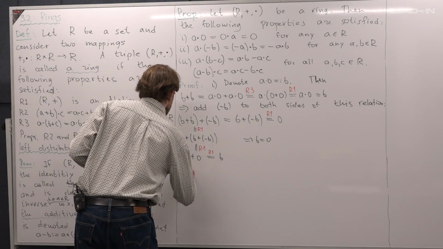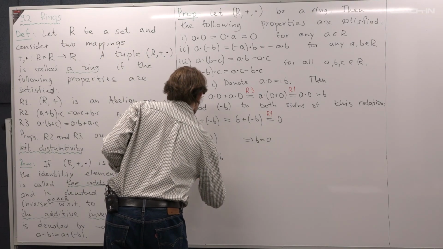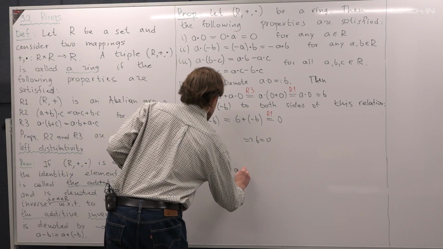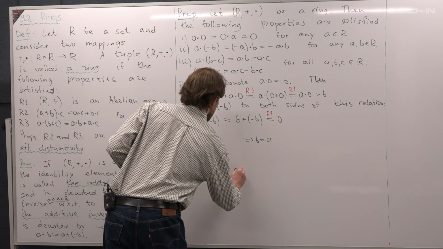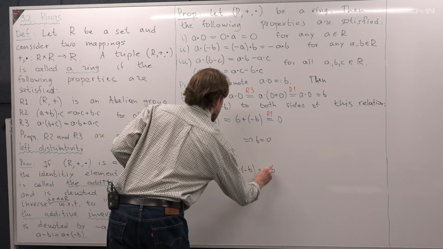So the second property: consider a multiplied by minus b plus a multiplied by b.